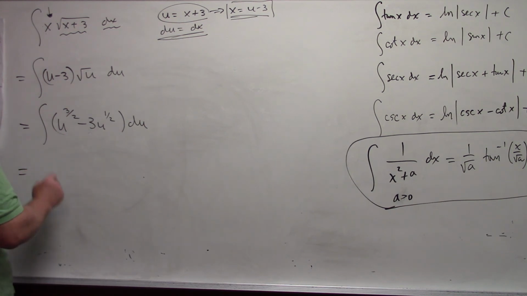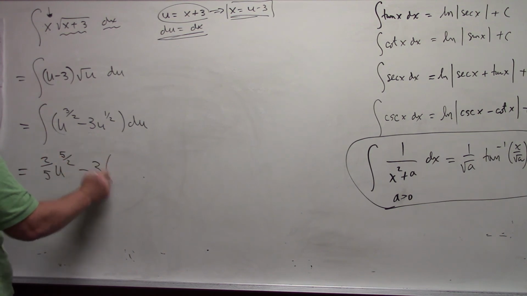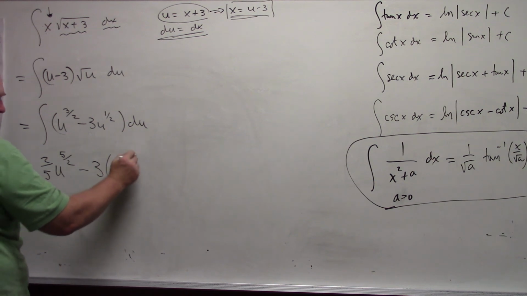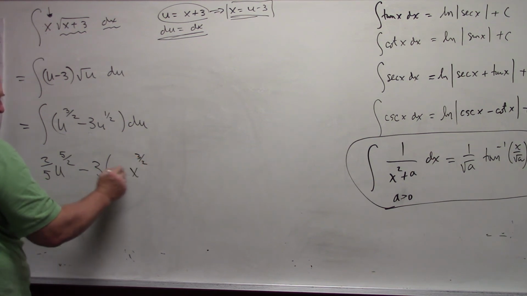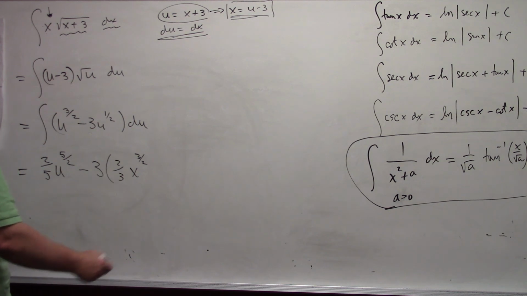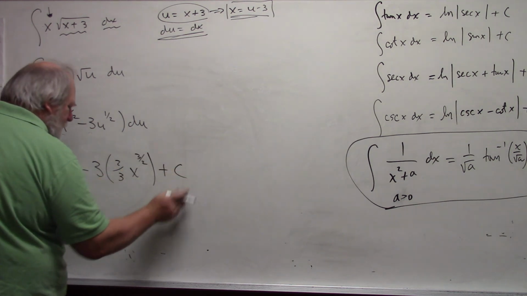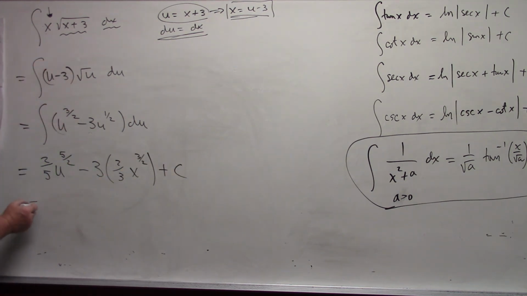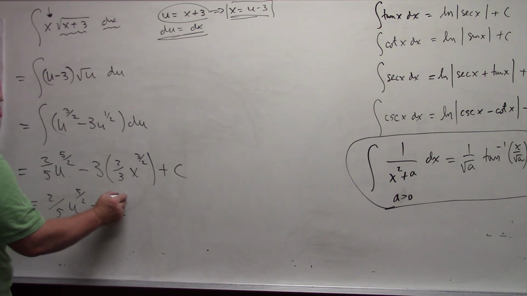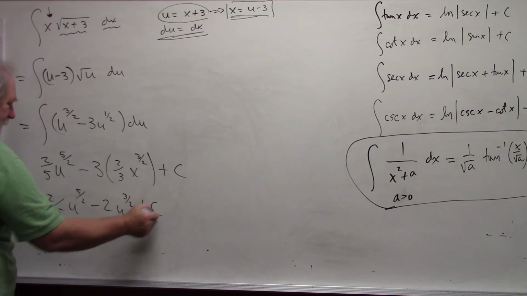This is add 1, take the reciprocal, leave the number, add 1, take the reciprocal, plus c, which gives me then 2/5 u to the 5/2 minus 2 u to the 3/2 plus c.